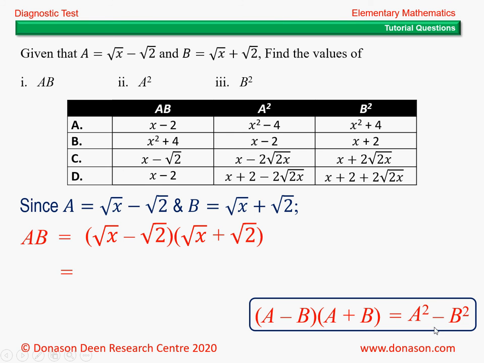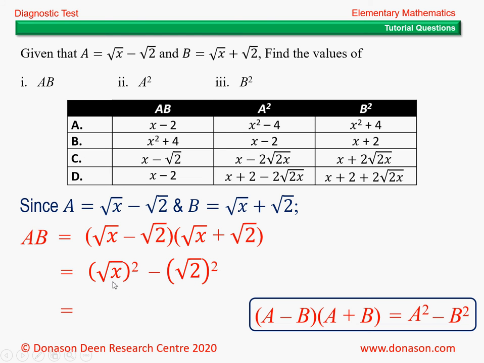So when we apply the special product, it's going to be a squared minus b squared, and we can apply this result straight away. The value of your a is square root x, and we put the square because it is a squared, minus root 2, which is the value of b, so we square it.